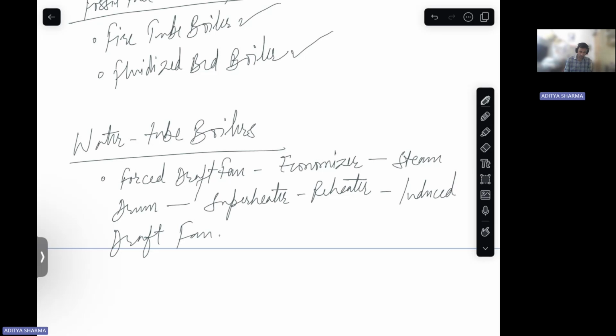So we have some forced draft fan, right, through which your water moves to economizer, right, where heat exchange takes place between your flue gases and your water, right? Then from here the water is fed to your steam drum where vaporization takes place, right? So in your steam drum, you have a downcomer and a riser. So we shall see it later. So what is the role of a downcomer and what is the role of a riser?